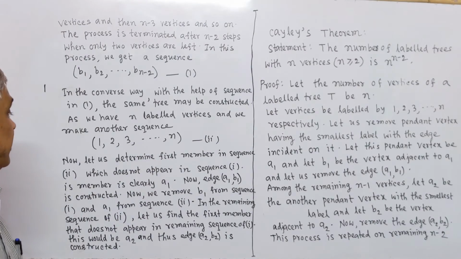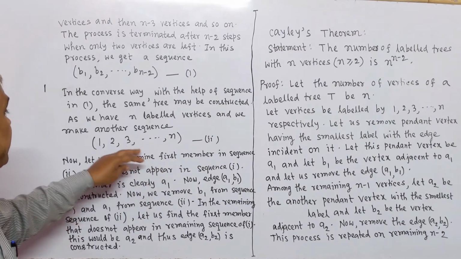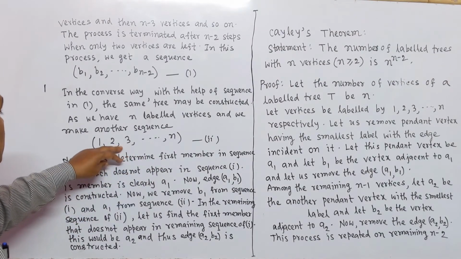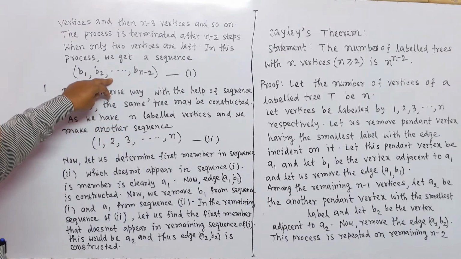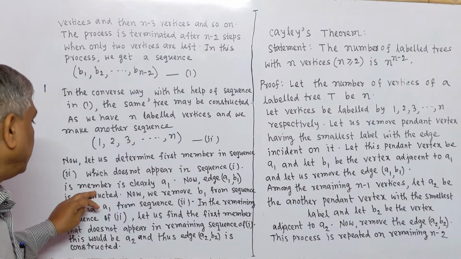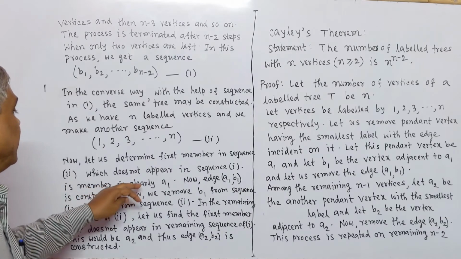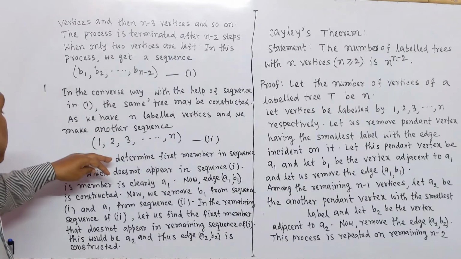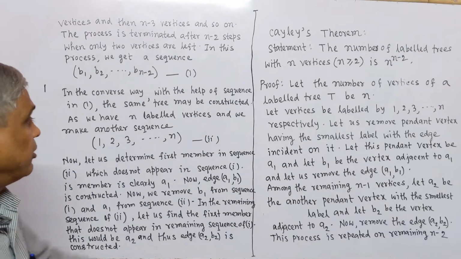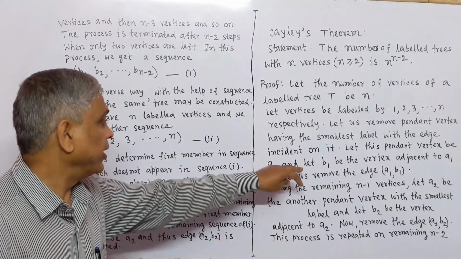Now let us determine the first member in sequence 2 which does not appear in sequence 1. It is clearly vertex A1. Here we have removed A1 and B1.